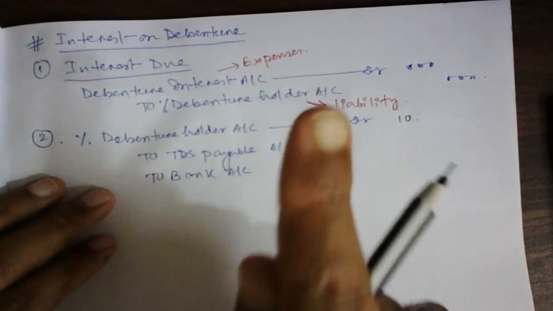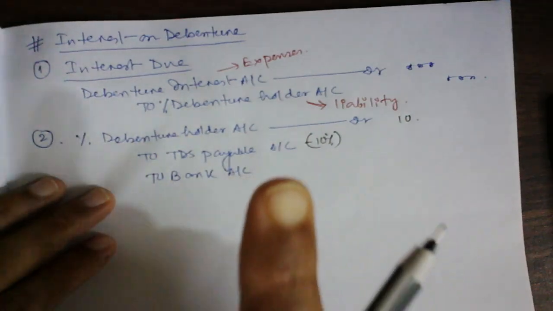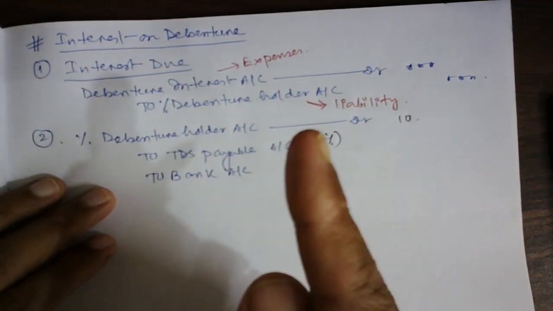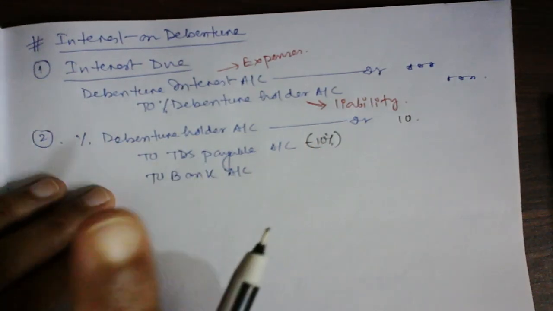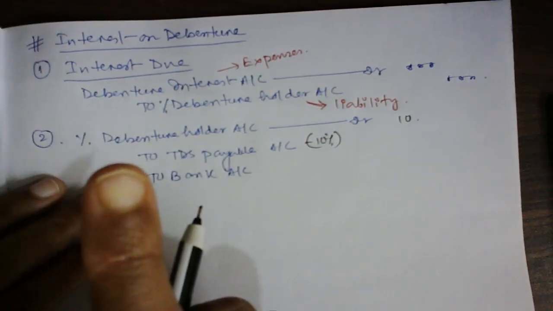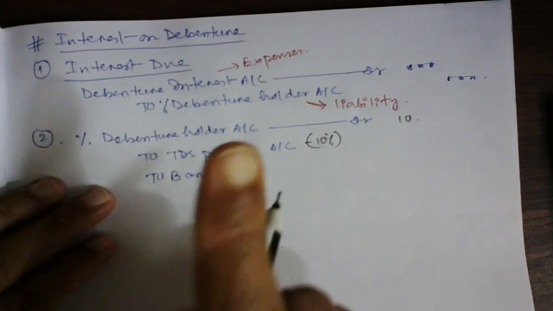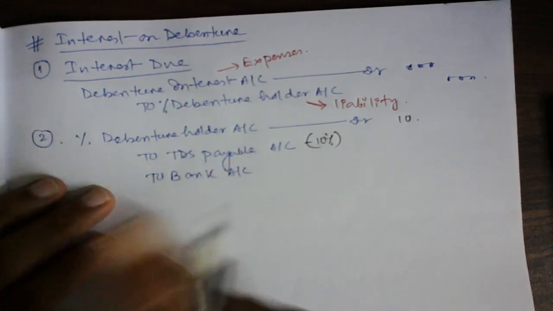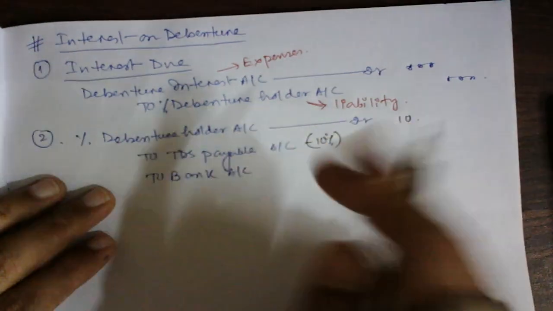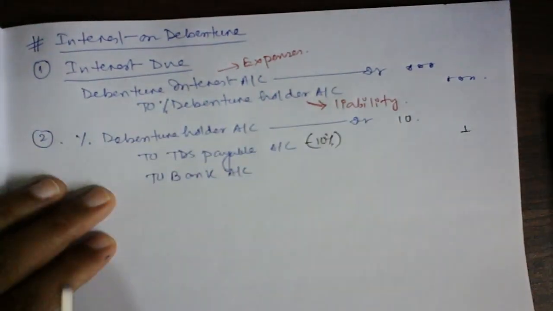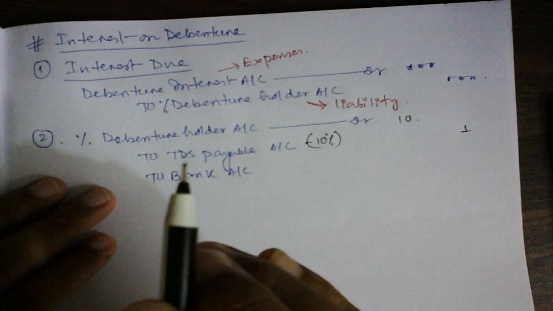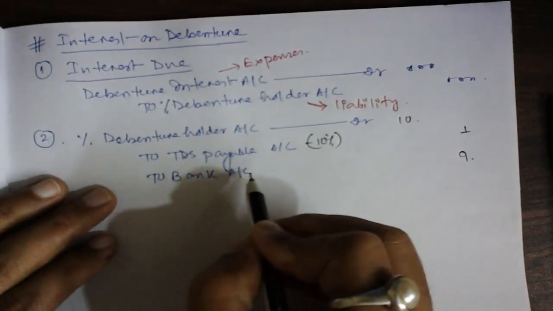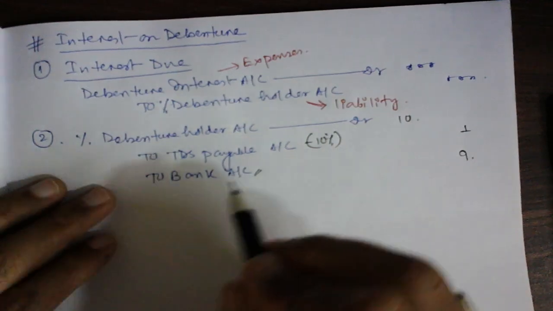So when you have to pay 10 rupees to the debenture holder as interest, the government made the provision in the finance budget that when the company pays debenture holders interest on debenture, then the company has to deduct TDS at the rate of 10%. So 10 rupees का 10% कितना तो 1 rupee. So the company only pays 9 rupees to the debenture holder.